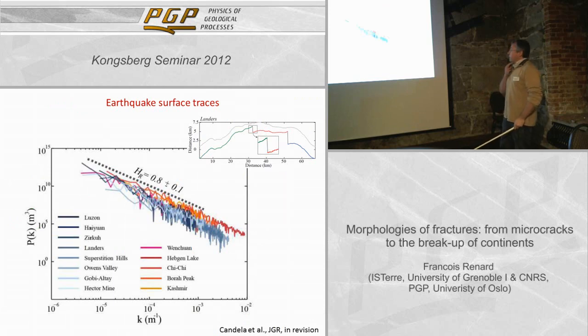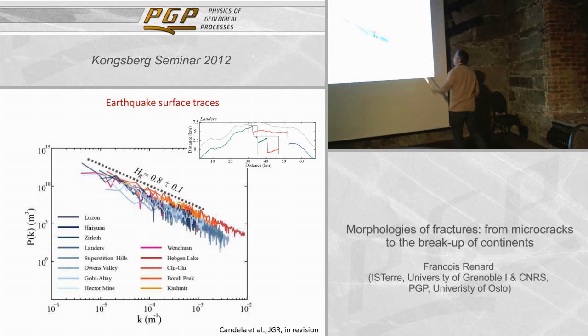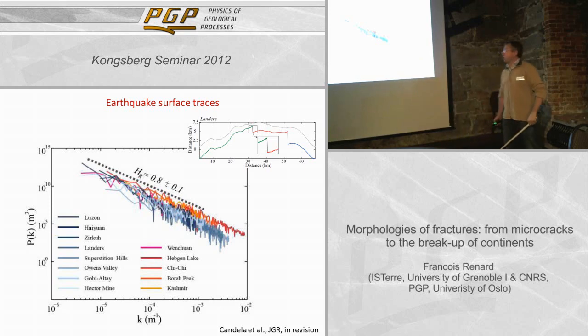So if we put all these data on the graph and do the Fourier transform for all these earthquakes, we also get this kind of power law over 2 or 3 decades with an exponent which was similar to the fault in the field.